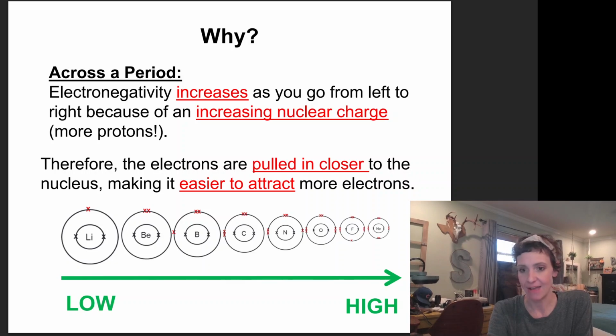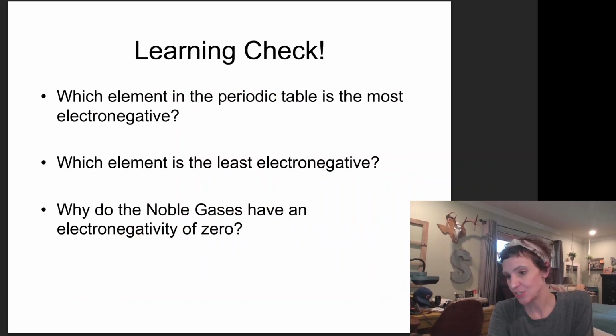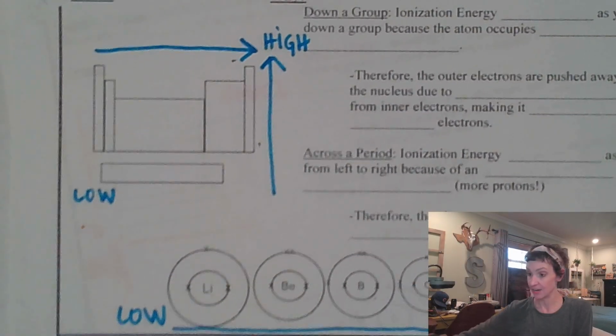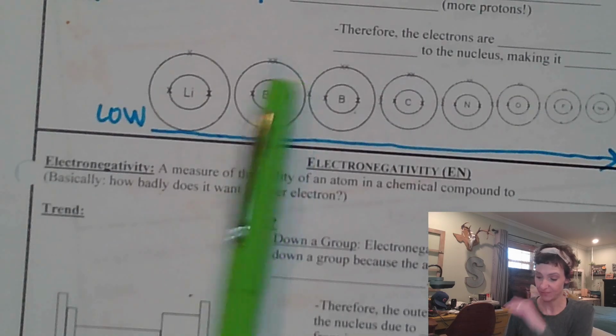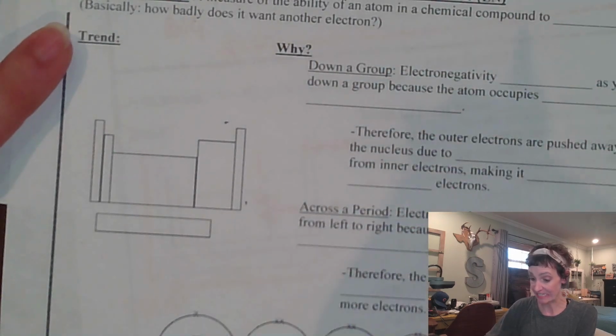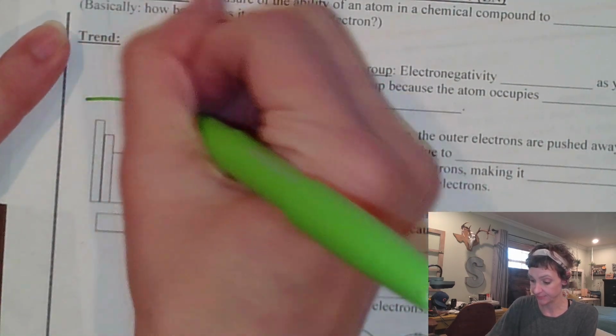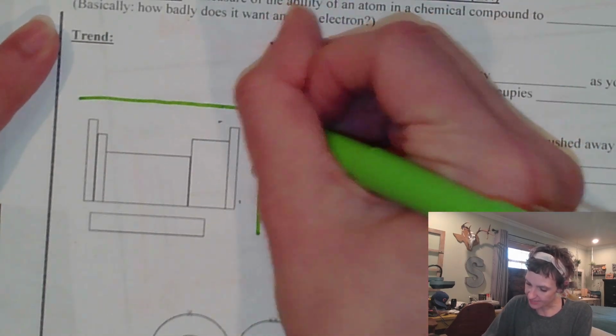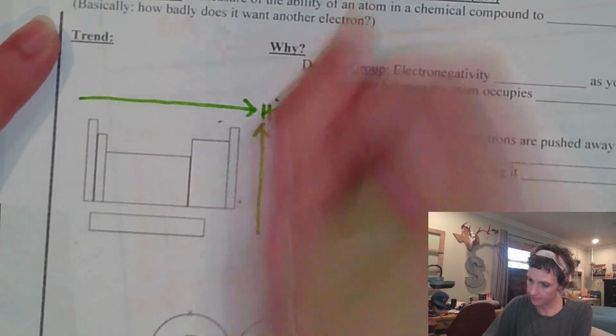Let's bounce on down to our document camera and make sure we can summarize this on our electronegativity. I'm going to use green for my electronegativity. So my electronegativity trend is the same as ionization energy, where I have my high electronegativities up here, right?